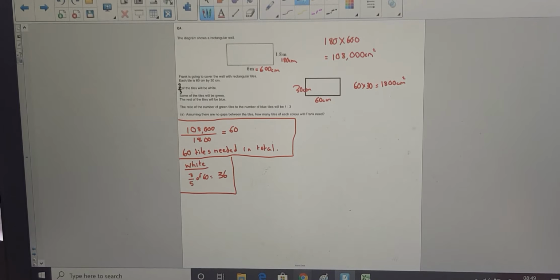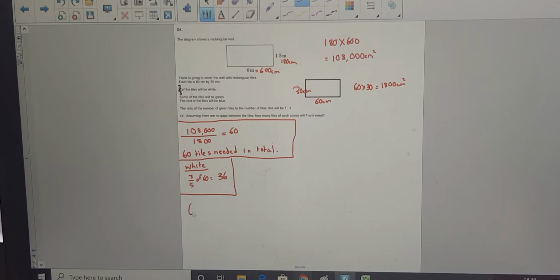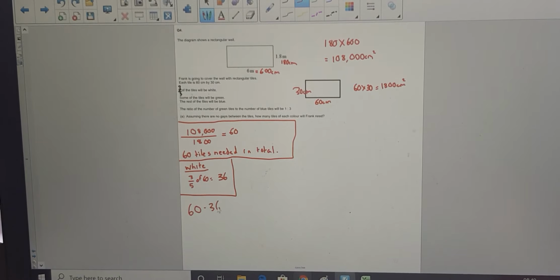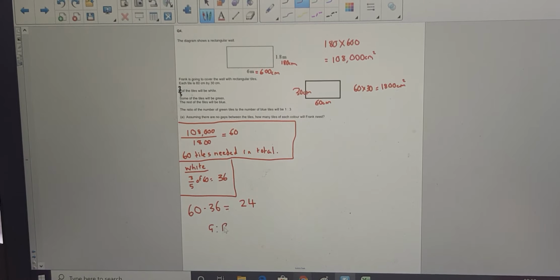So if there were 60 tiles in total, and we know for sure that 36 were white, I know that 24 tiles are now left over, and these are going to be blue or green. And the ratio of green tiles to blue tiles is 1 to 3.